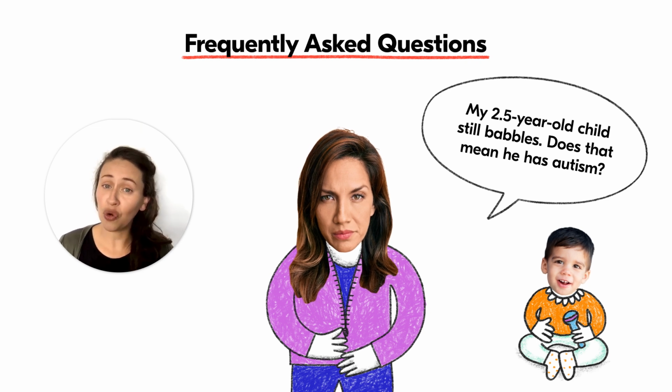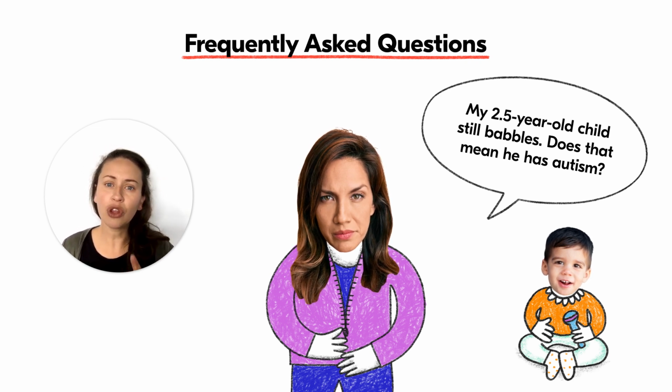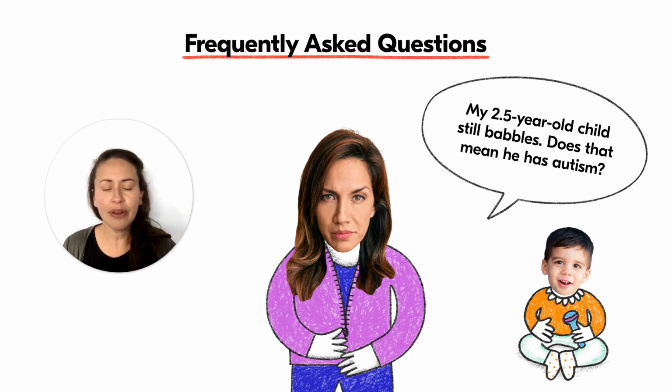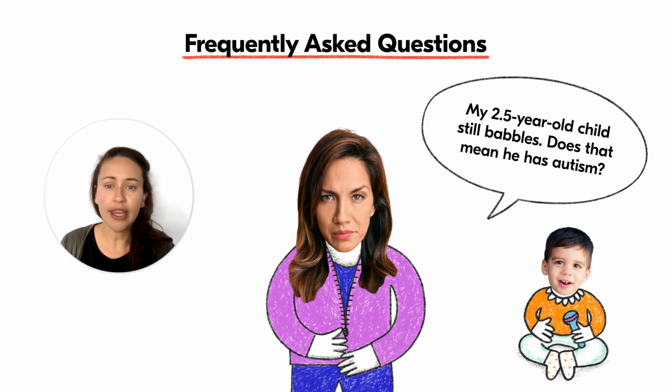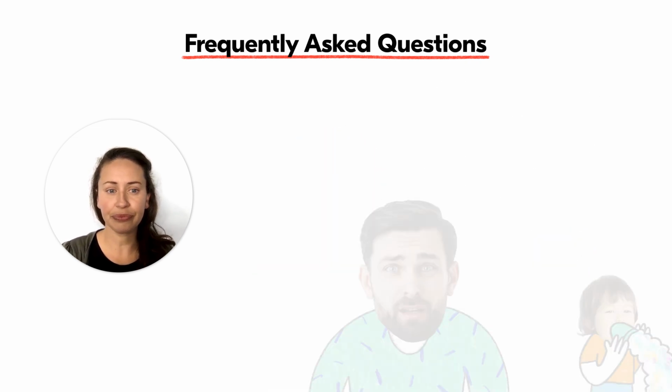Keep an eye, or an ear in this case, on your child's babbling to determine if they are repeating certain sounds, certain words, perhaps even phrases. Also, try to determine if the babbling happens more in certain scenarios or environments. These are all things worth mentioning to your child's speech therapist.